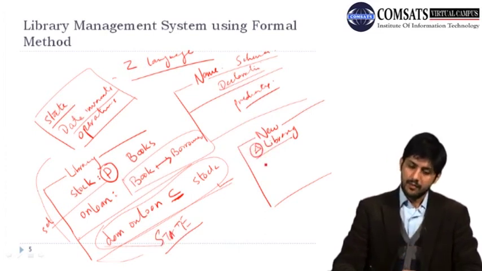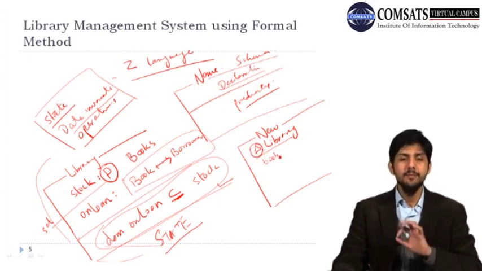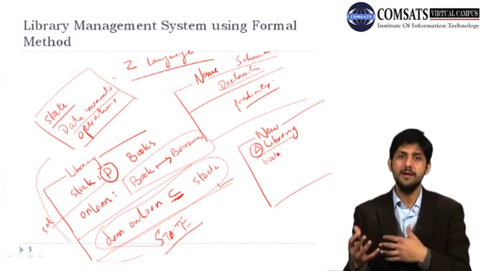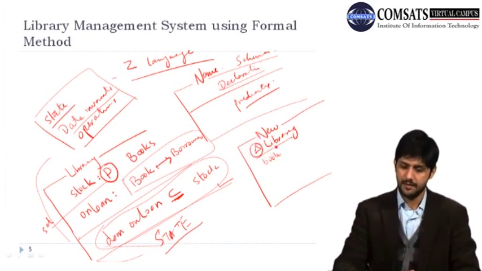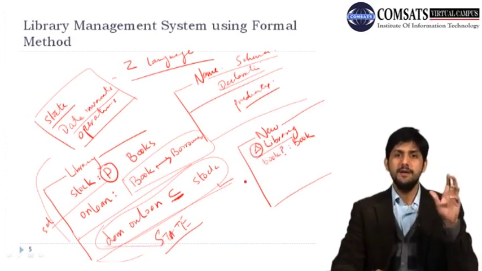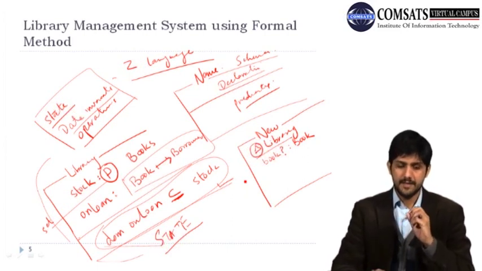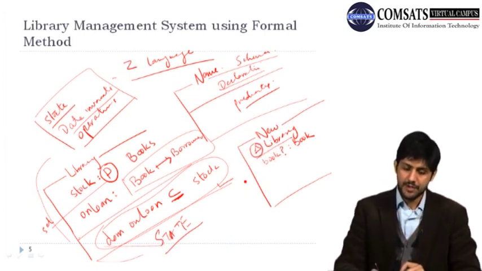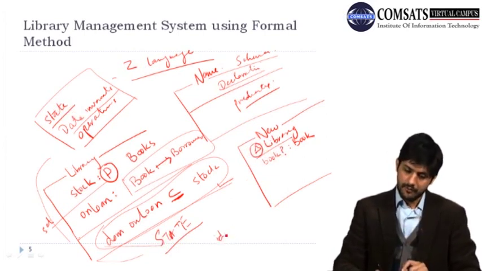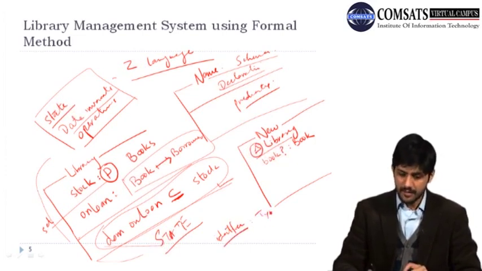And then we say, what are the inputs to this operation? As whenever we define functions or operations, we identify inputs and outputs. So there is an input to this particular operation, which is this book. And we said, when we started discussing this schema definition in Z language, that whenever we have a variable, the identifier comes here, and then the type comes here.